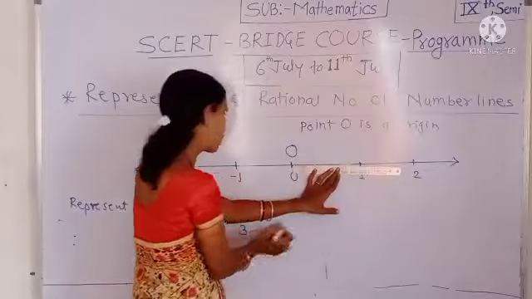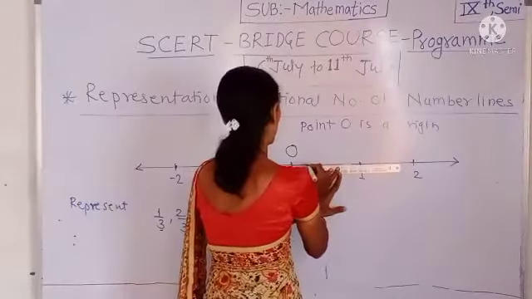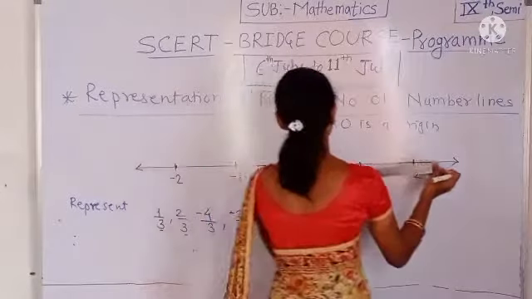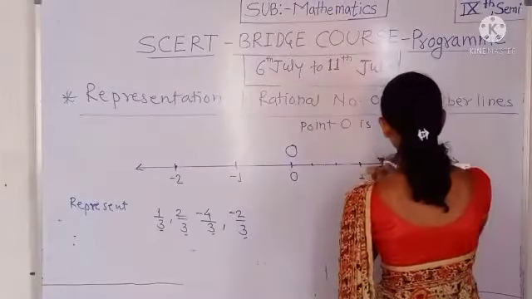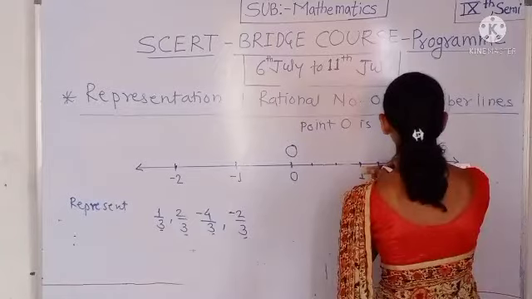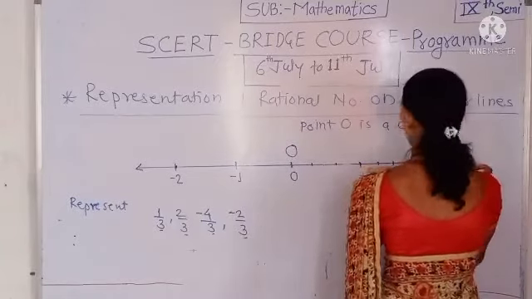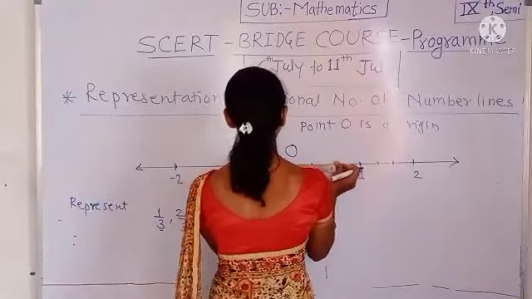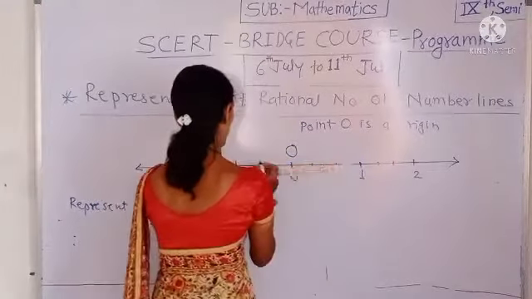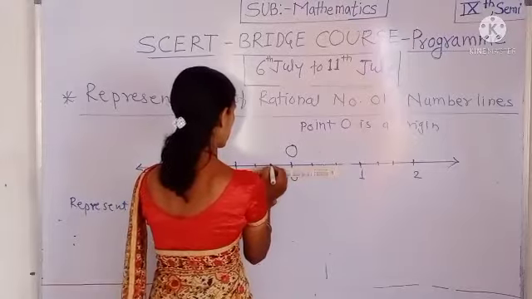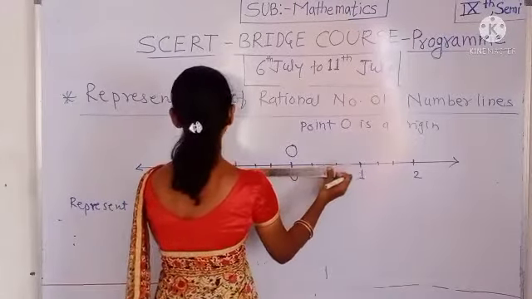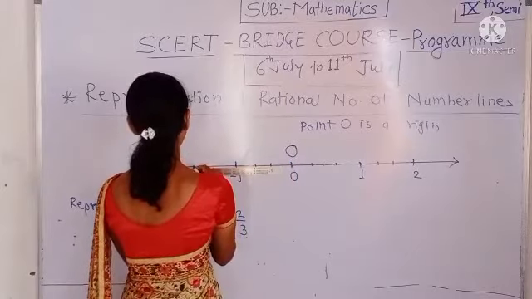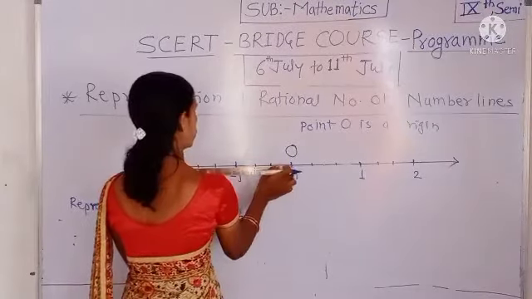Because here the denominator is 3, therefore we can make 3 equal parts between 0 to 1 as well as 1 to 2. Then similarly we can make 3 equal parts from 0 to minus 1 as well as minus 1 to minus 2.